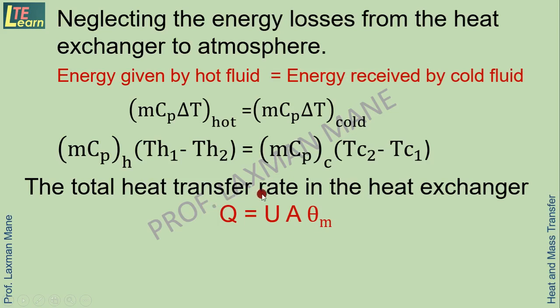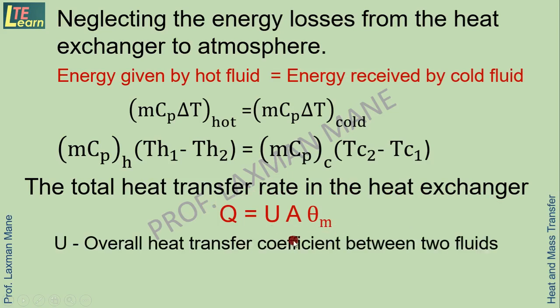The total heat transfer rate in the heat exchanger is given by the formula Q is equal to U into A into theta m, where U is the overall heat transfer coefficient between two fluids.